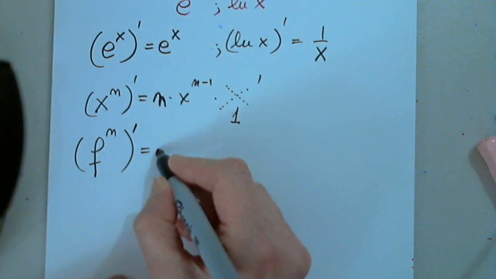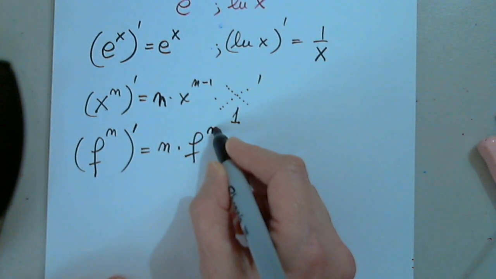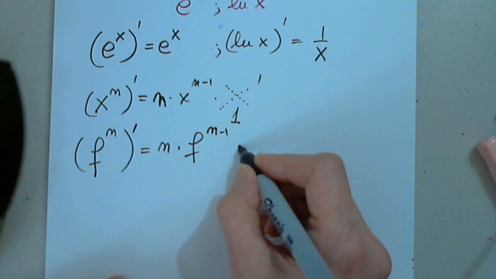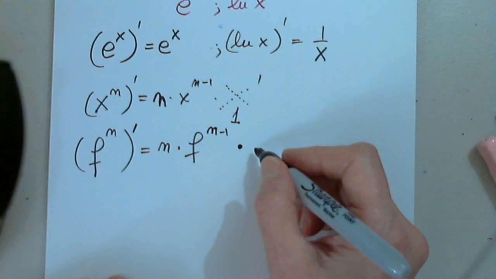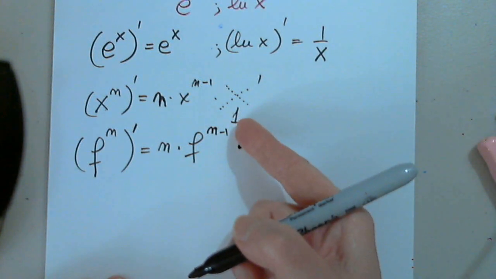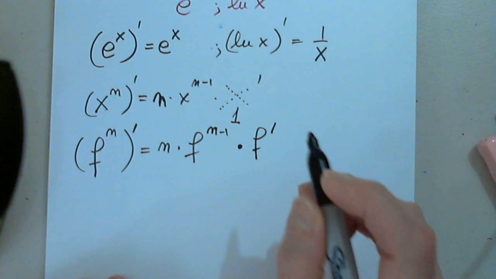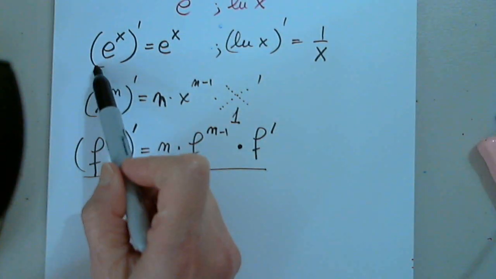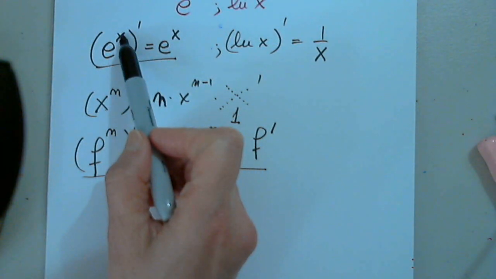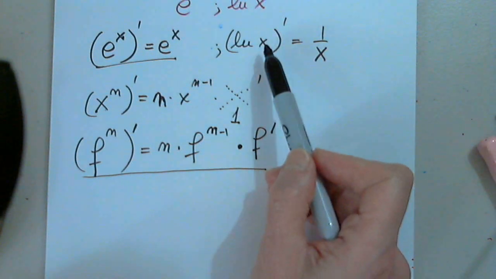Is it m times f to the power of m minus 1? Here I didn't have to write it because it was 1, but this is not 1, it's a function. Times the inner function prime, yes. So this is what we have to apply, when x is not x but a function.